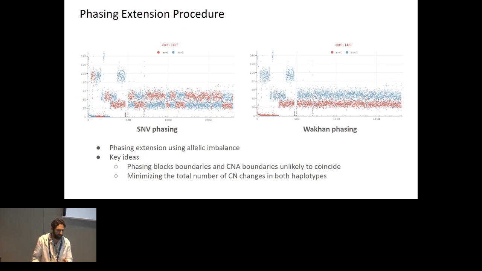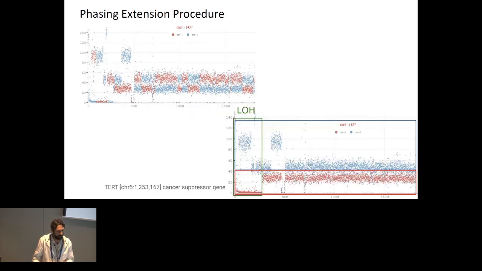Through this, you can see very clearly both haplotypes have very clear coverage. And from here, we can easily say in which haplotype one region is LOH, and in the other haplotype, HP2, some regions are amplified.